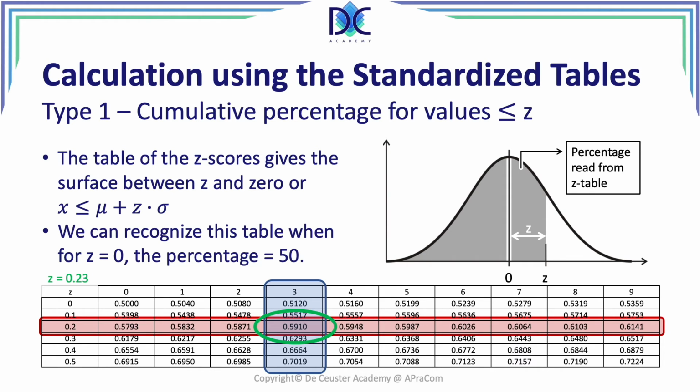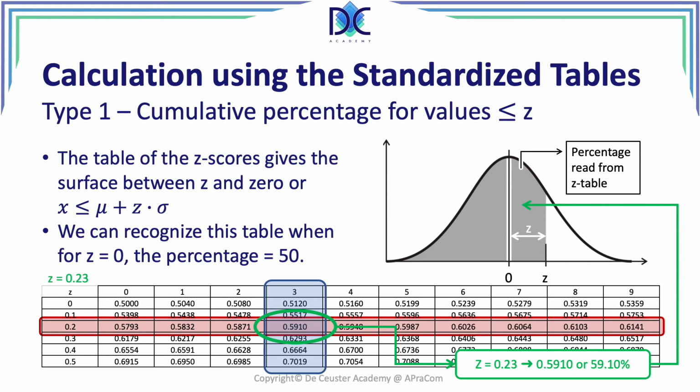It means that there is 59.1% to the left of z, to the left of x. Basically, we can say there is a 59.1% probability that the values of x are smaller than, in our case, the corresponding z value 0.23. And that surface is the gray surface. The gray surface to the left of the z value is 59.10%.